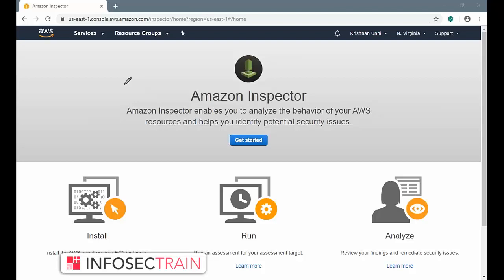For example, if I have a server running in AWS, I can install this AWS Inspector service on that particular server, and I can assess the server for vulnerabilities. What are vulnerabilities? For example, assume that my server has Windows Server 2019 plus Apache server.